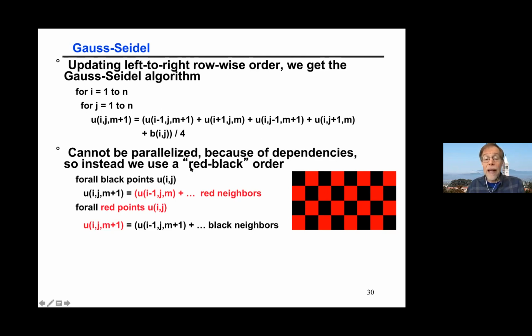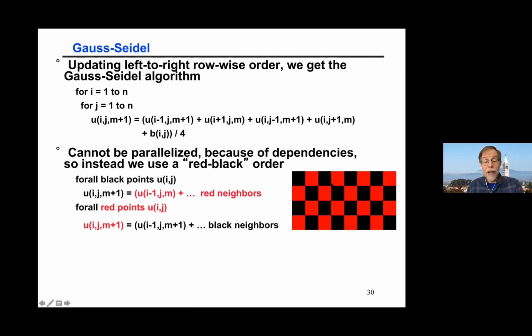If I want to update all of the black points, I know that all their neighbors are red, so the most recent information for the black points will be the old values of all the red neighbors. For every black point, which is half of them, so lots of parallelism, I will grab the mth iteration from my red neighbors and do the update.